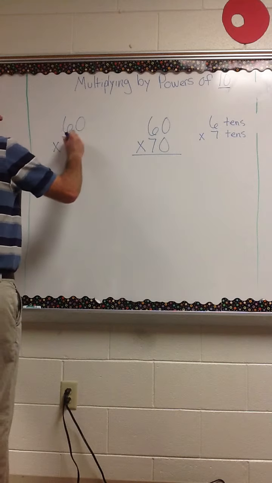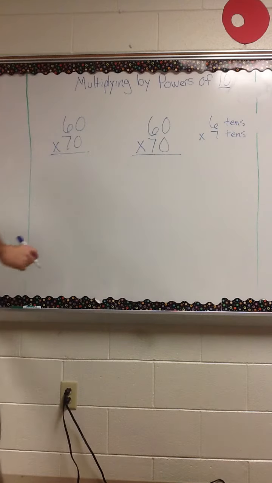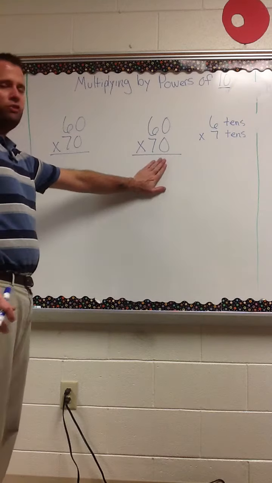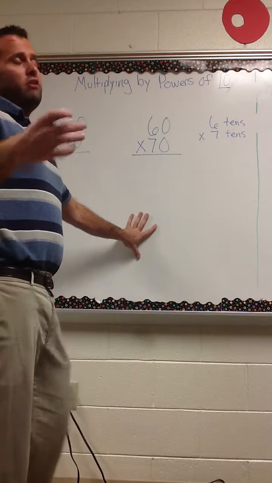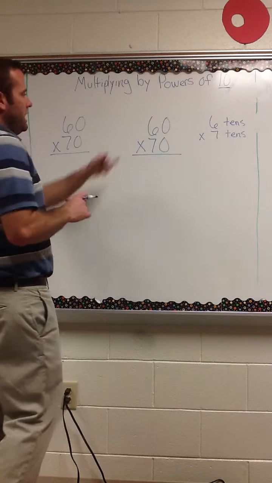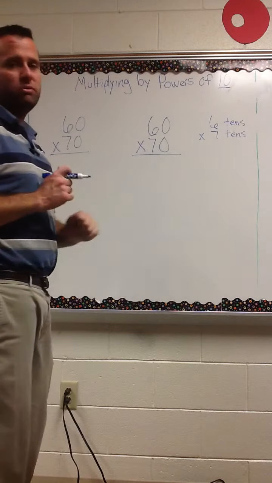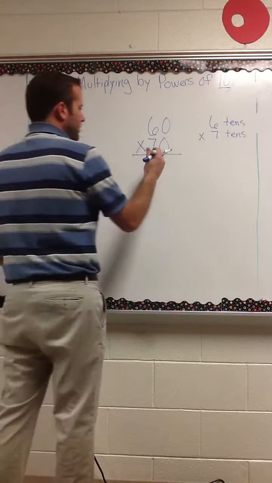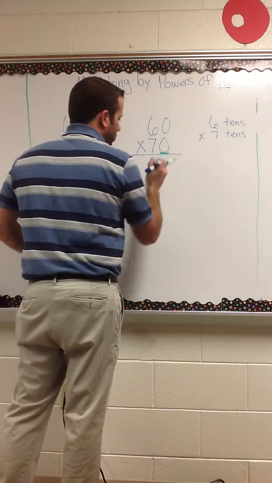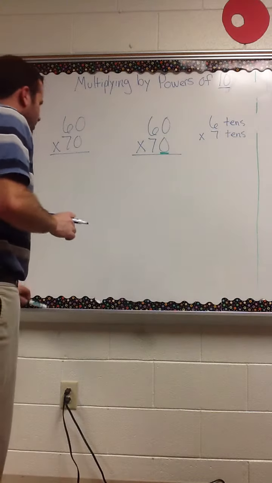60 times 70 again, okay? Under this problem right here, I'm going to use the standard algorithm for solving a 2-digit by 2-digit multiplication problem. And how that works is, to begin, I'm going to start in the ones place of my bottom factor, which is a 0.